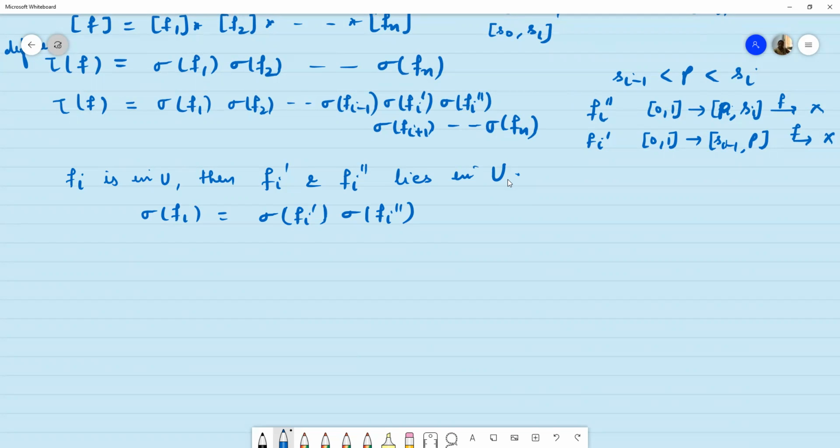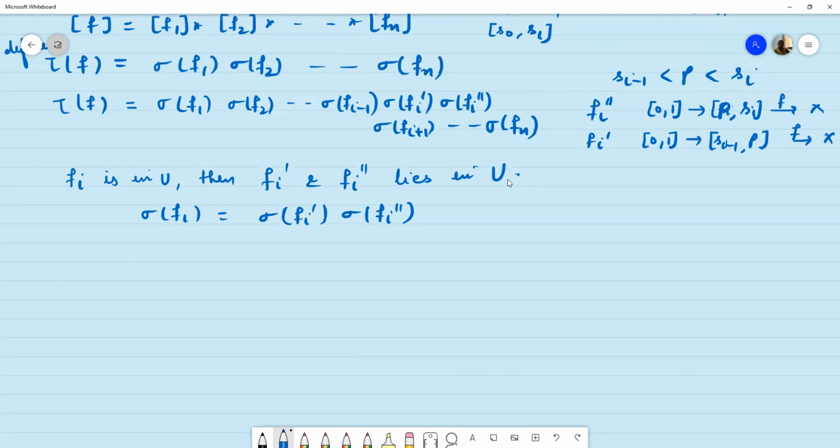Because of this relation, the two definitions of tau, one for the previous partition and the other for the new partition, are the same. So the definition of tau is independent of the choice of the partition.